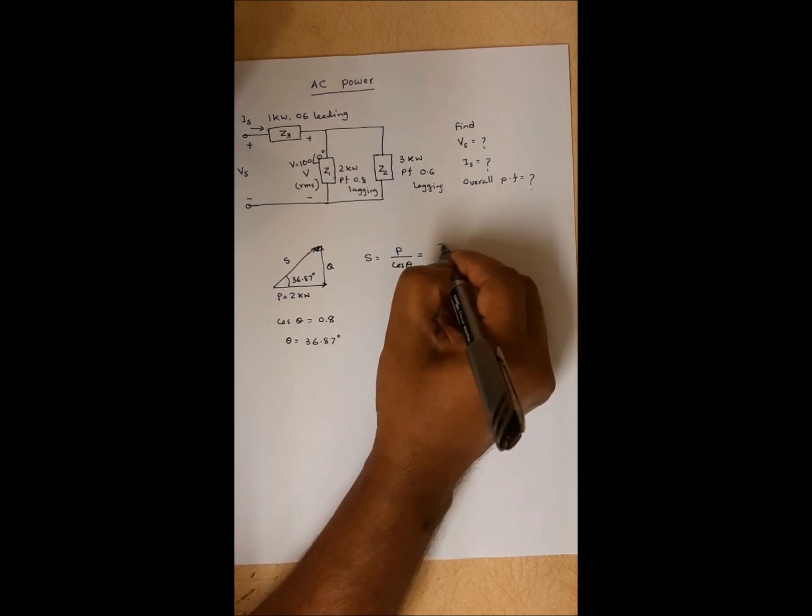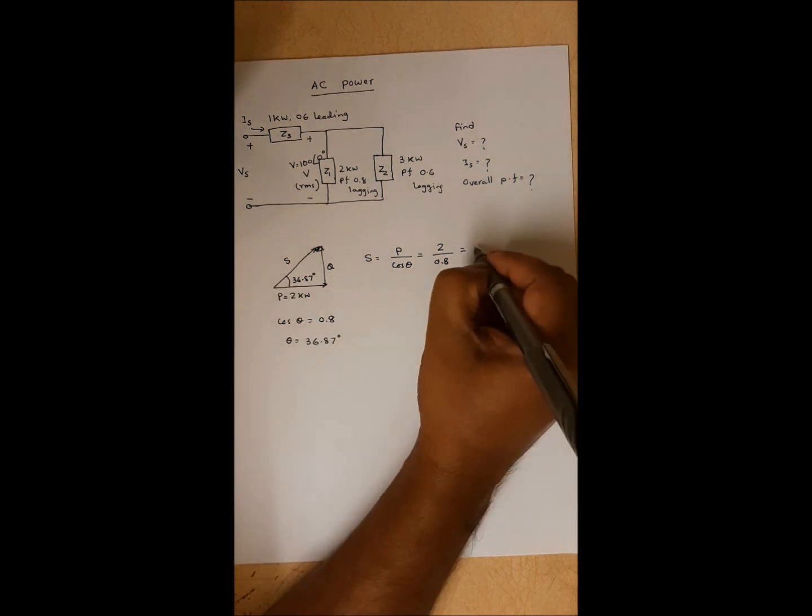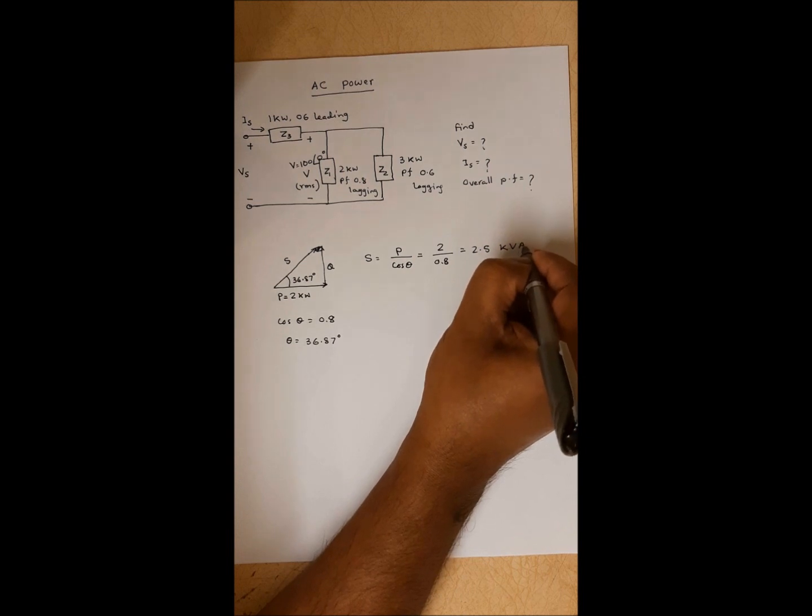P is 2 kilowatt and cosine theta is 0.8, so it will be 2.5 kVA.